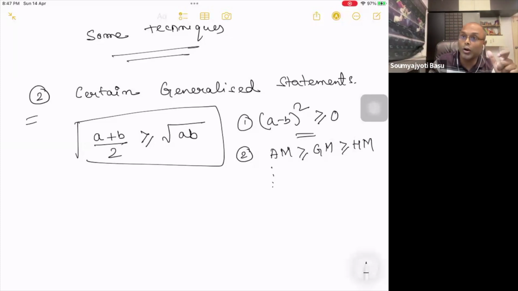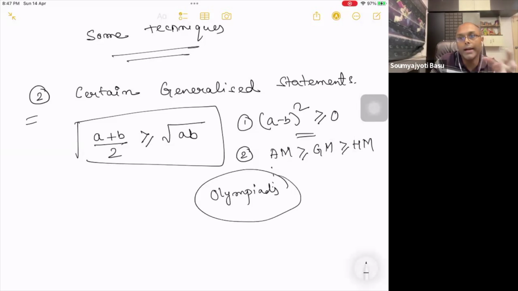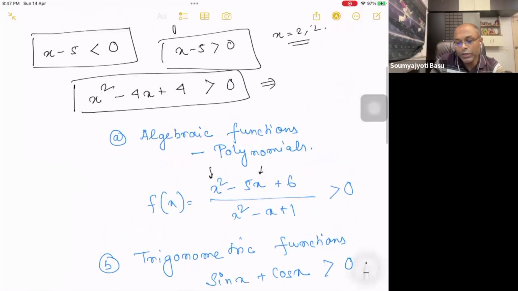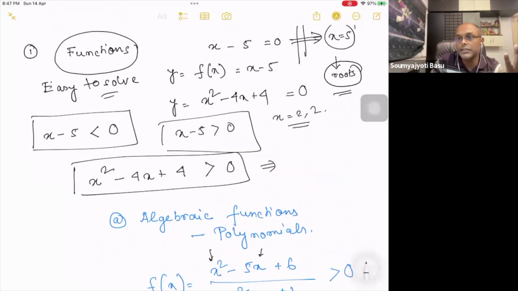But they're good to solve, good to understand number systems. This second type of inequalities are more common in Olympiads. The RMO, the NMO, this second type of inequalities are very common. But the first type of inequalities, where you solve certain functions, these are essential for the multiple choice type questions, okay?